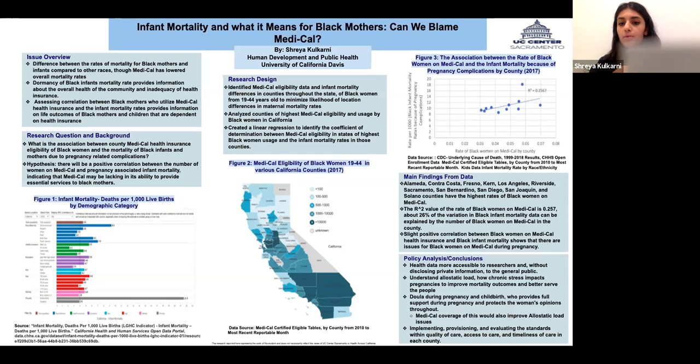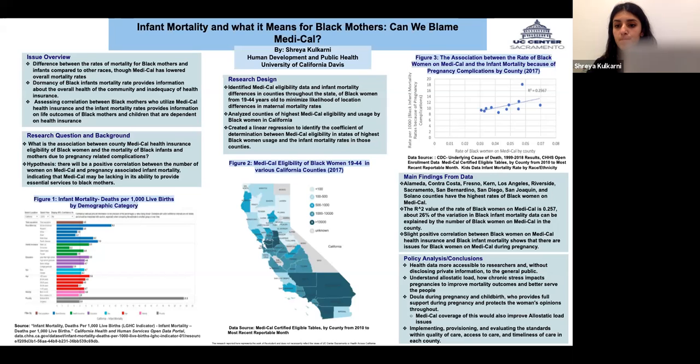Controlling my variables is something that I mentioned in what I concluded, but I tried to be as specific to Medi-Cal as possible. So I used Medi-Cal eligibility data, and I used individuals who access Medi-Cal, and I also used infant mortality rates specific to pregnancy complications, so that I could try to limit the amount of variation. But of course, I can't. That's why I couldn't specifically conclude anything, because there is a lot of variation in my findings.